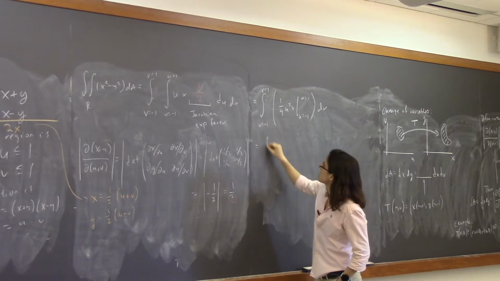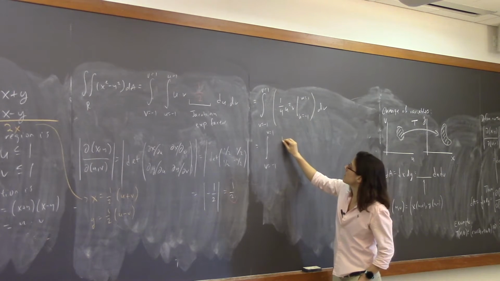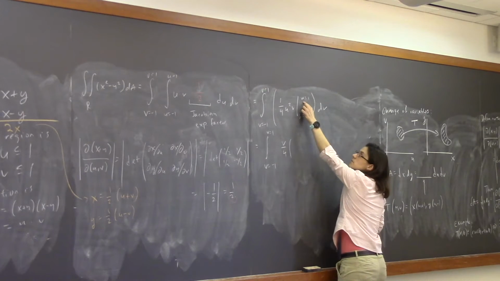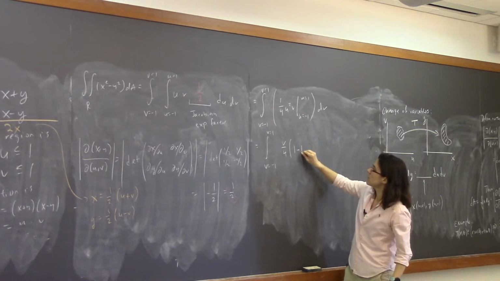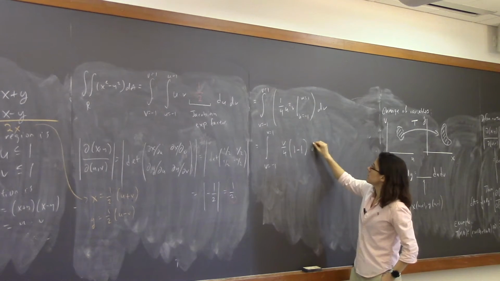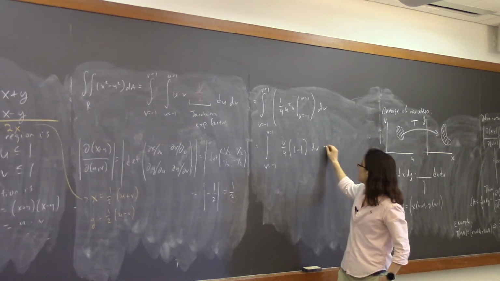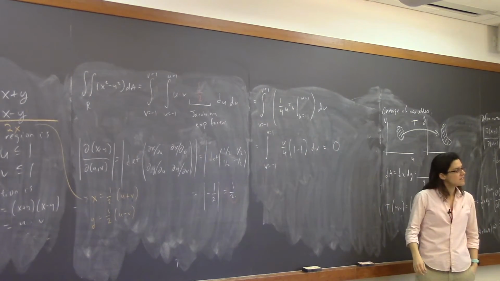So it's the integral from v equals -1 to v equals 1 of v over 4 times u squared; when u is 1 it is 1, minus u squared when u is -1 is 1. So this 1 minus 1 is 0, and so the whole thing is 0.